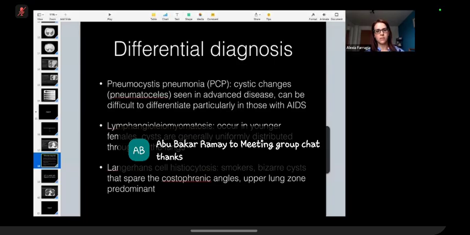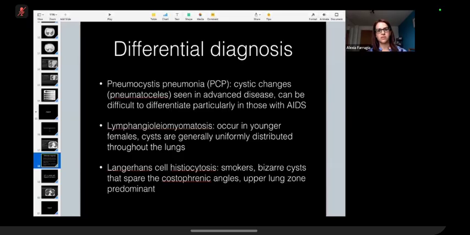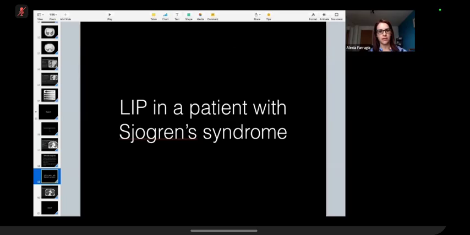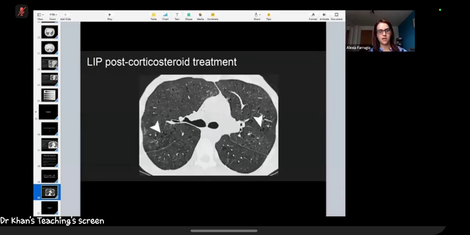The differential is PCP pneumonia in immunosuppressed patients, where they get cystic changes or pneumatoceles in advanced disease; LAM in young females, but there's uniform distribution of the cysts; and LCH, which we've excluded in this scenario because there was involvement of the costophrenic angles, and also the distribution was predominantly in the lower lobes as opposed to LCH, which is upper zone predominant. So that was the diagnosis for this case, and these respond very well to steroids.